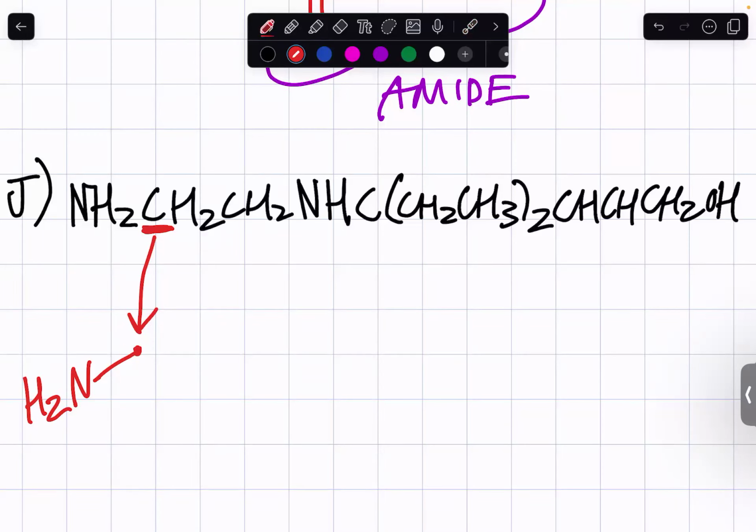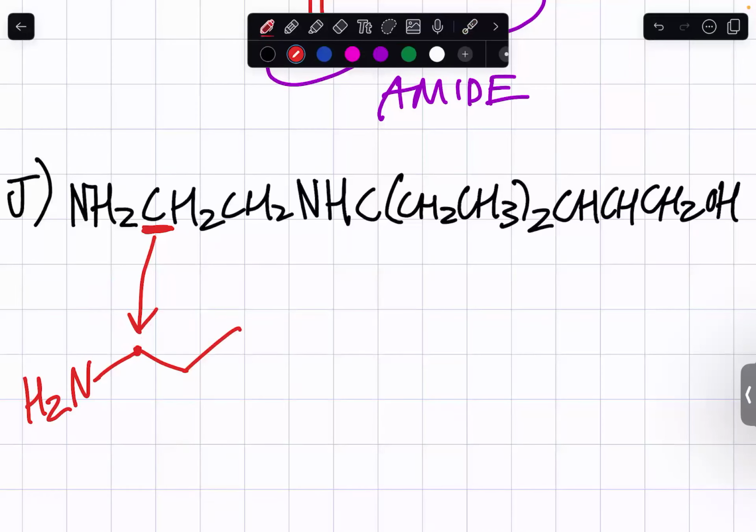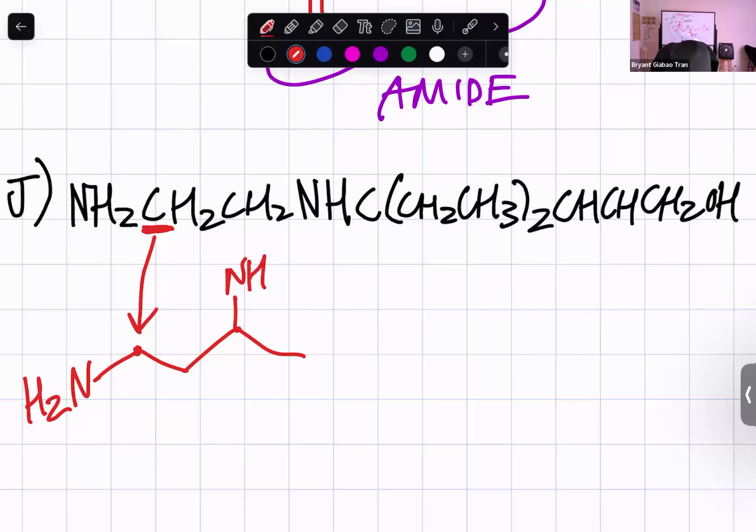And then our next one would be the next carbon, attached to two hydrogens, hiding there. That's right. And then connected to the next carbon, and that carbon has a nitrogen and a hydrogen attached to it, like this right here.